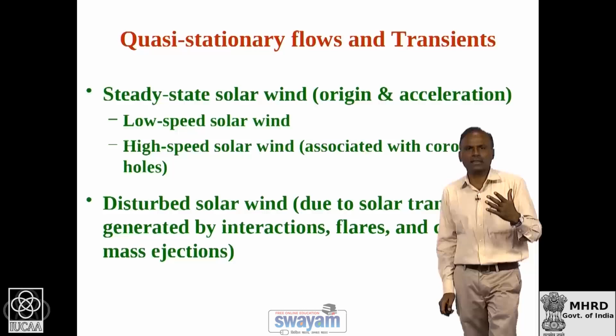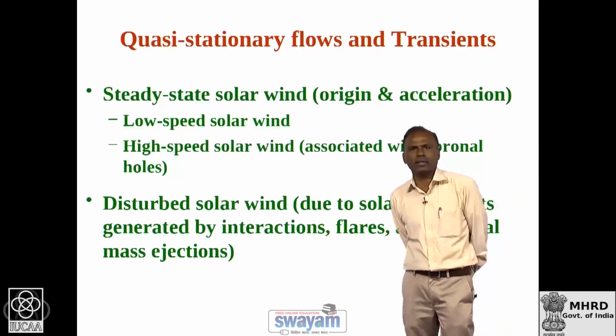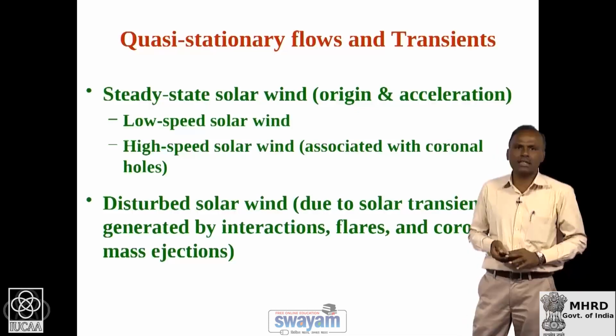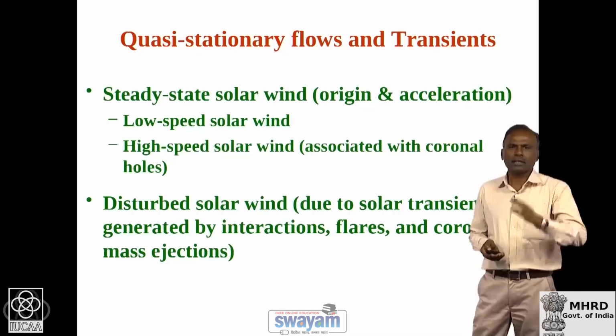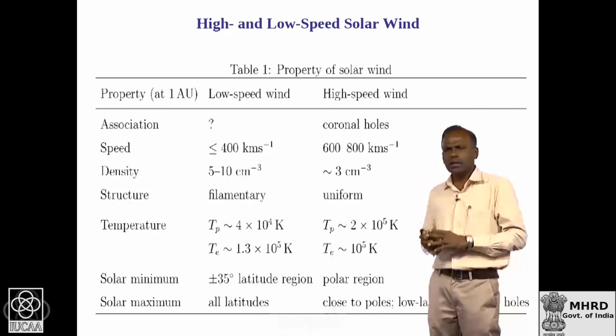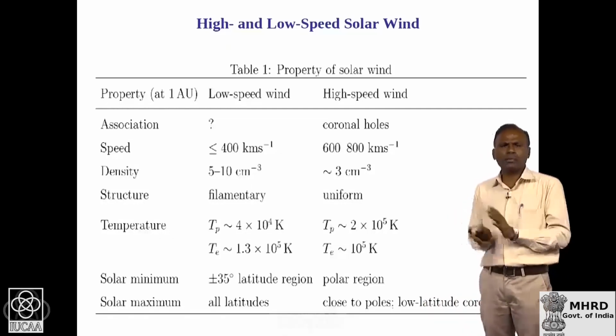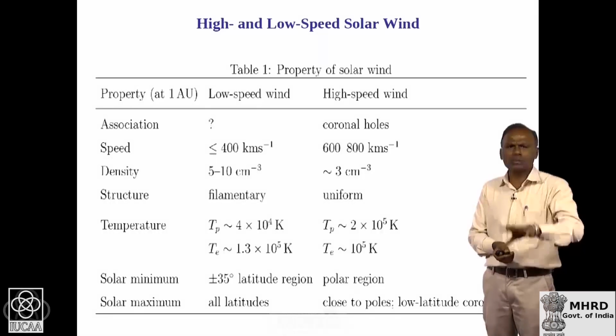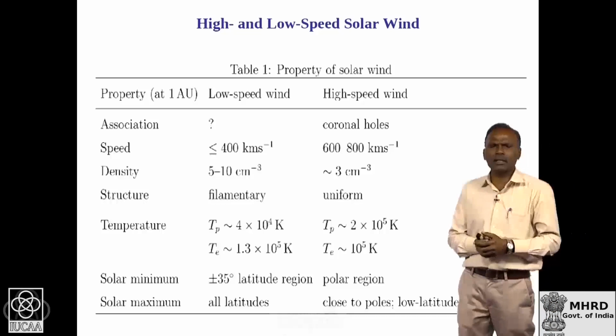So, they cause disturbed solar wind. Let us see the typical properties of steady state solar wind, its origin and acceleration. Here this table gives the typical properties of the solar wind for the low speed wind as well as high speed wind.